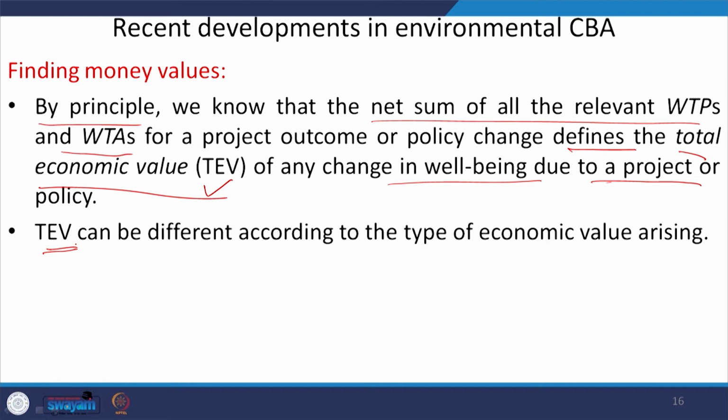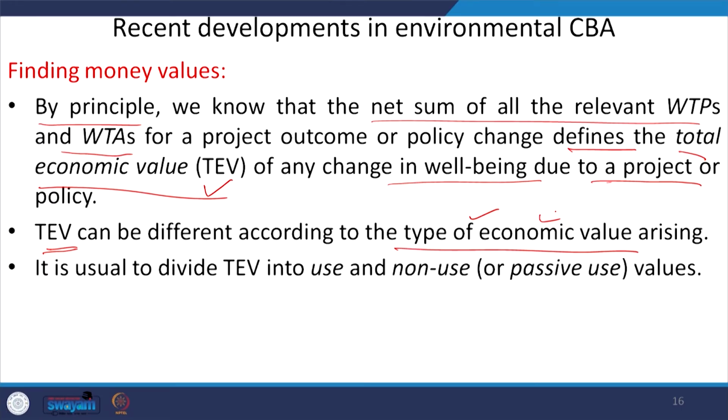So, when these sections have different economic values, then obviously the total economic value will be different. And again, in defining this total economic value, this is divided into two broad categories. One is use value and the second one is non-use value. And this non-use value is sometimes known as passive use value.